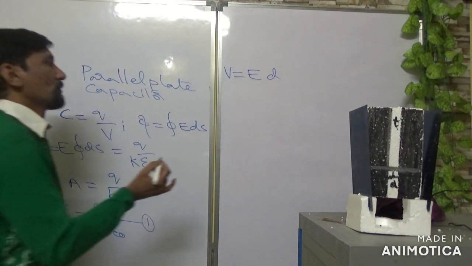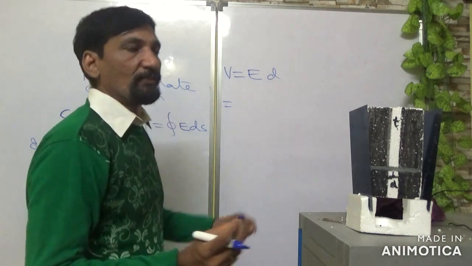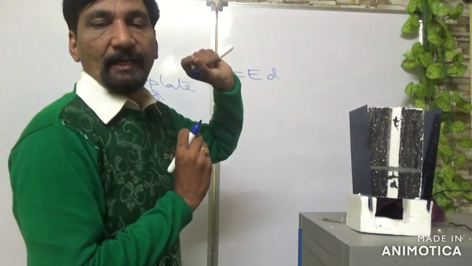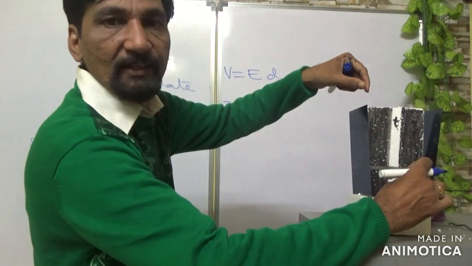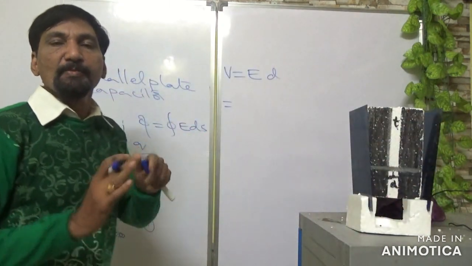Right? So there is some electric field at the dielectric, meaning potential inside this, plus the other remaining place.